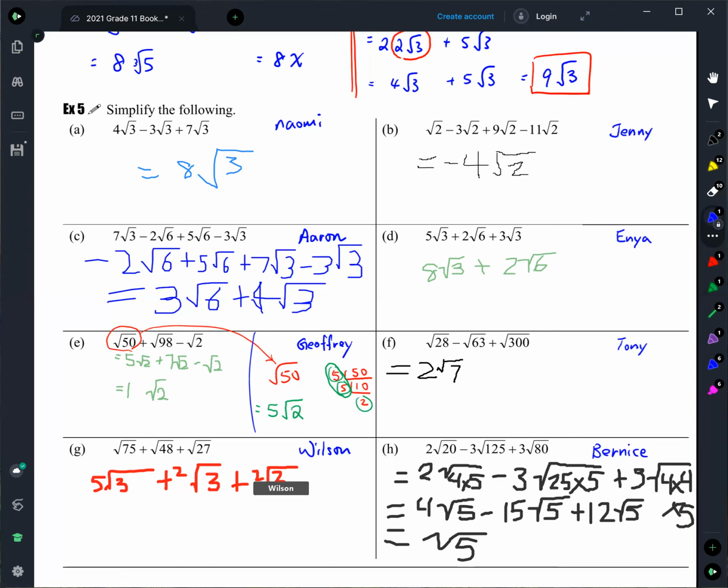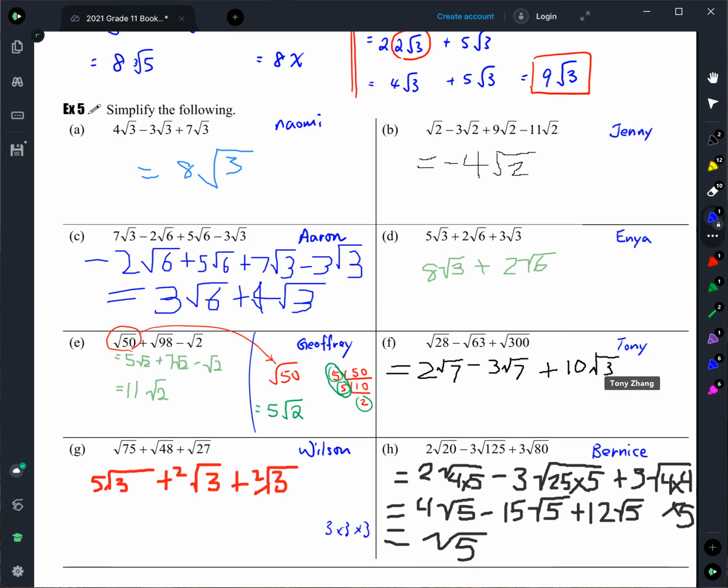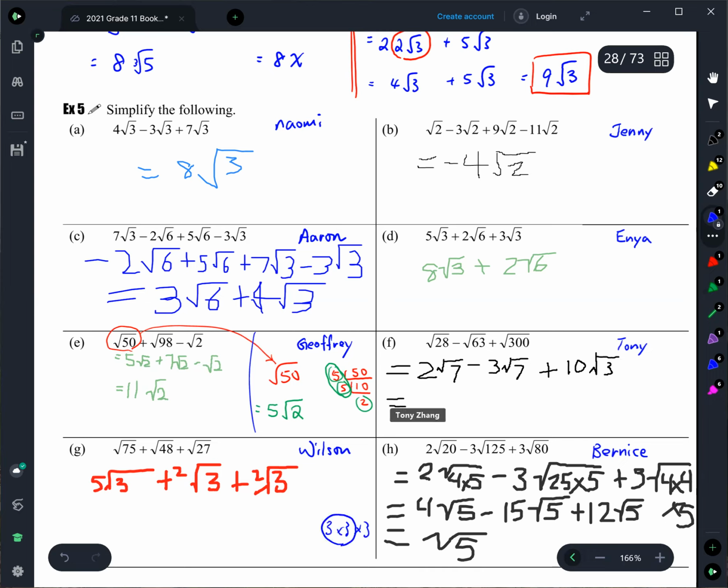No, but then if it was square root, then it wouldn't equal to 27. Can you say that again? If it was square root, then it wouldn't equal to 27, would it? So for 27, you have 3 times 3 times 3, right? So here you get a pair of 3.